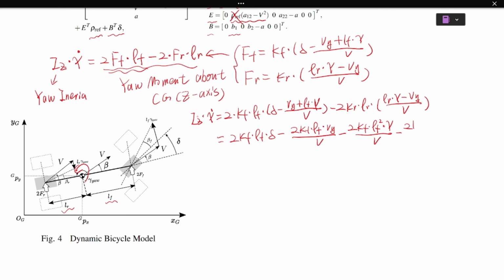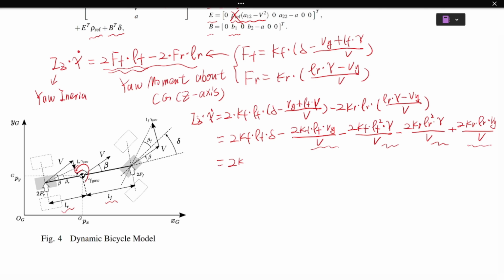Minus 2Kr Lr square gamma over V plus 2Kr Lr times Vy over V. And this goes to group Vy term and gamma term together.